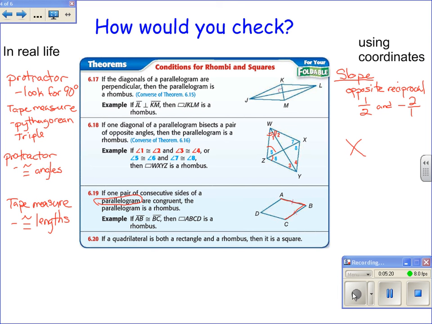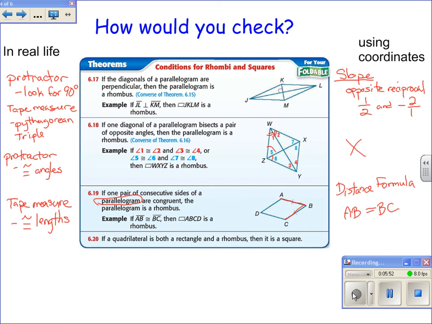If I'm using coordinates, what you have to look for are congruent lengths, and to do that, use the distance formula. And again, I'm looking for congruent lengths, in this example, AB should be equal to BC.